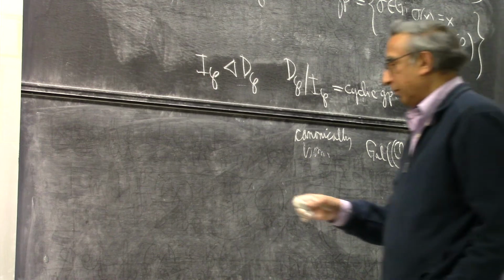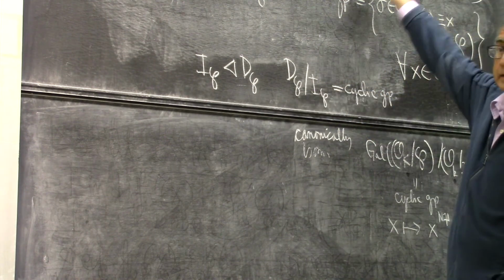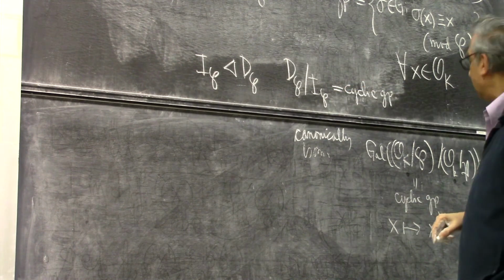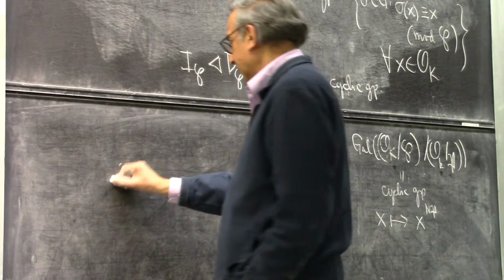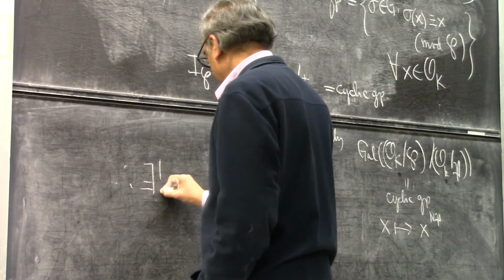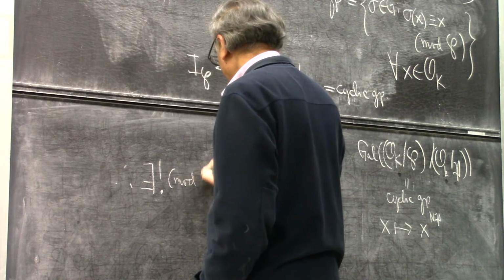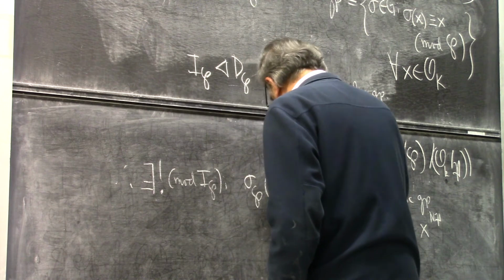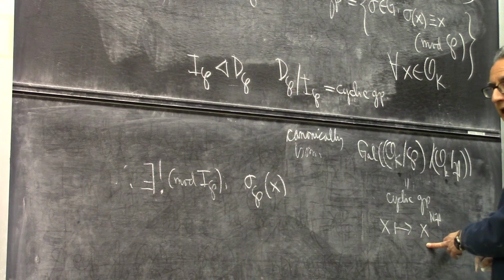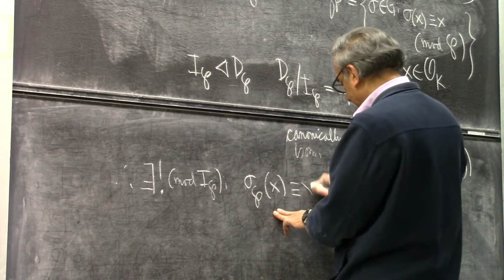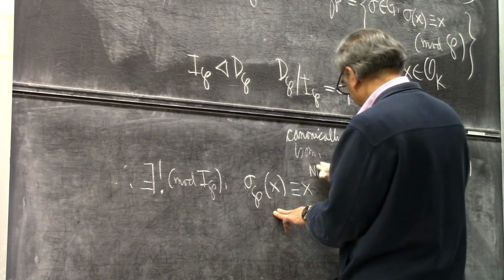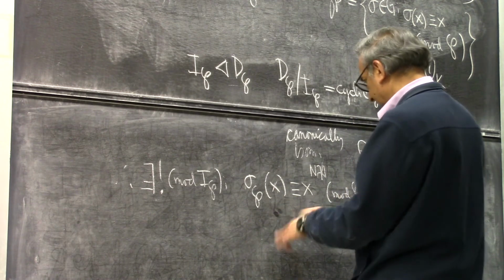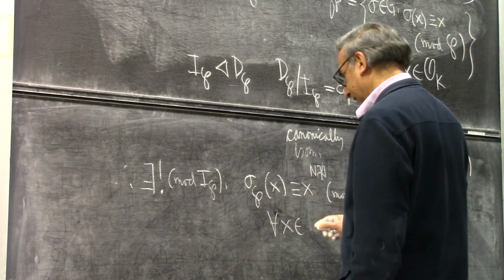And so for the Frobenius automorphism, these guys are sitting inside the Galois group, so there exists a unique element modulo the inertia group, call it sigma sub P, which has the same effect: sigma P acting on x is the same as x to the norm P modulo P for all x in the ring of integers.